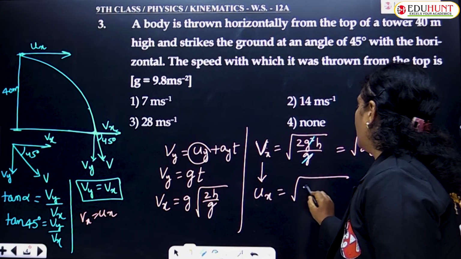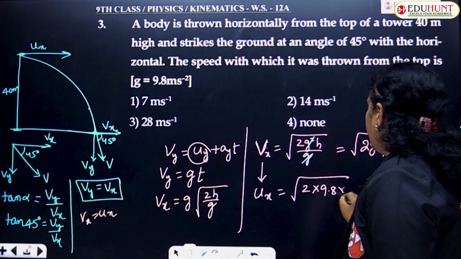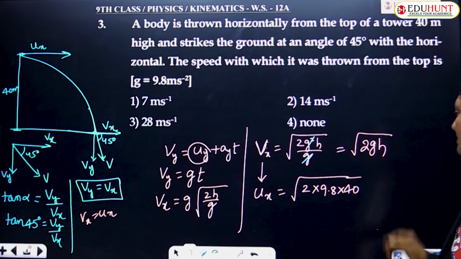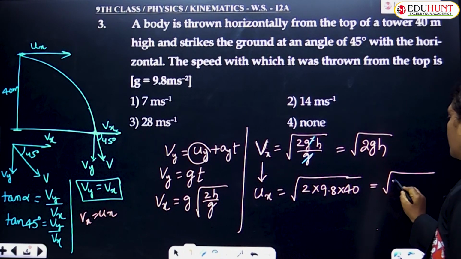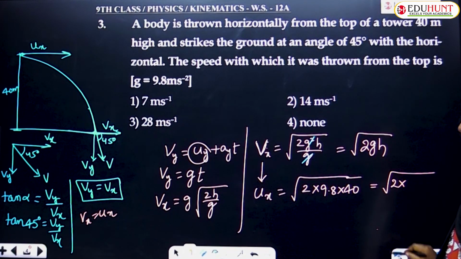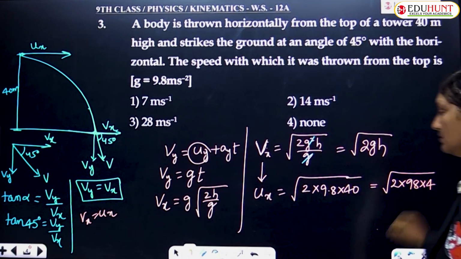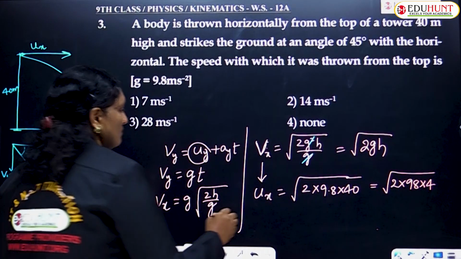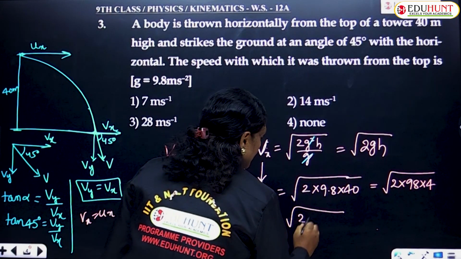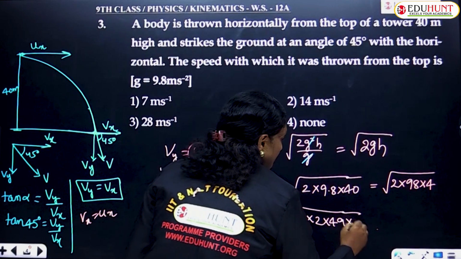This can be written as root over 2 into g, let us take it as 9.8, into height, given as 40 meters. Substituting in the above equation, we have root over 2 into 9.8 into 40. Multiplied, it becomes 98 and the leftover number is 4. Taking the square root, Ux equals root over 2 into 98, which can be written as 2 into 49 into 4.